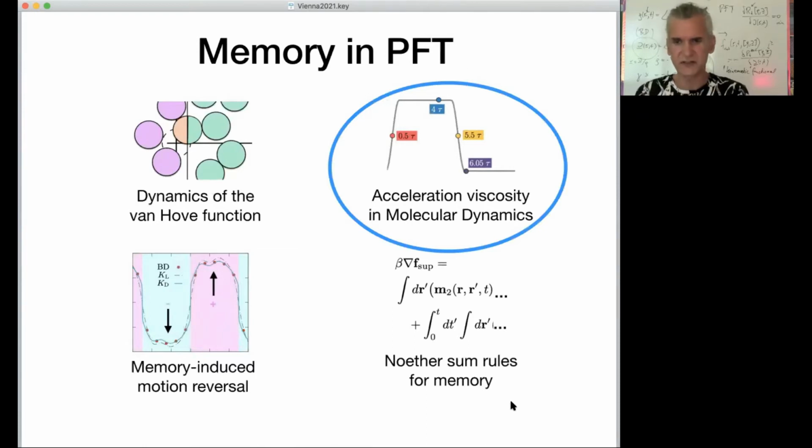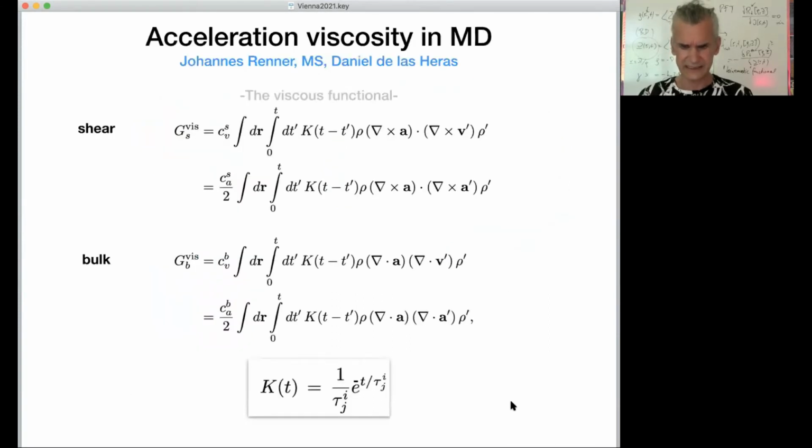I want to focus on this point and primarily talk about applying this now with real MD data. That's what Dani de las Heras and Joe Renner have done, and show you that. So the assumption is, because we have this functional, that's the interesting bit of the functional, and we make an assumption of how the functional looks. So just briefly, there's a memory kernel. This is a very, very poor memory kernel.